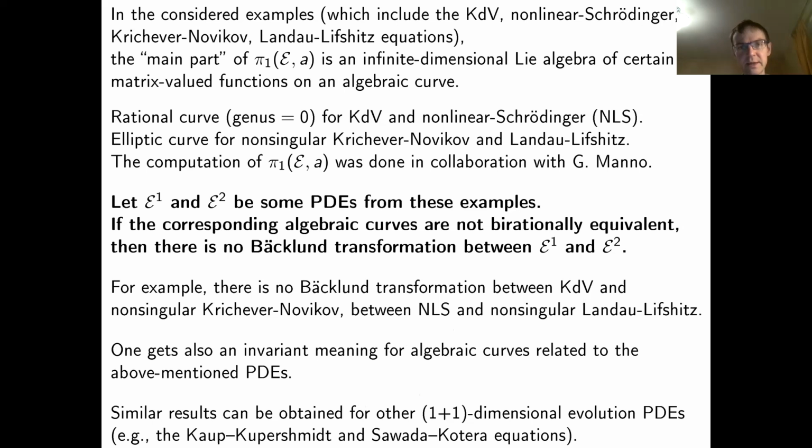So, as I said, we get an invariant meaning for algebraic curves related to those PDEs. And those examples have been studied in detail, but it is clear that similar results can be obtained also for many other 1+1 dimensional evolution PDEs. For instance, the Kaup, Cooper-Schmidt, and Sawada-Kotera equations, which are of order 5.